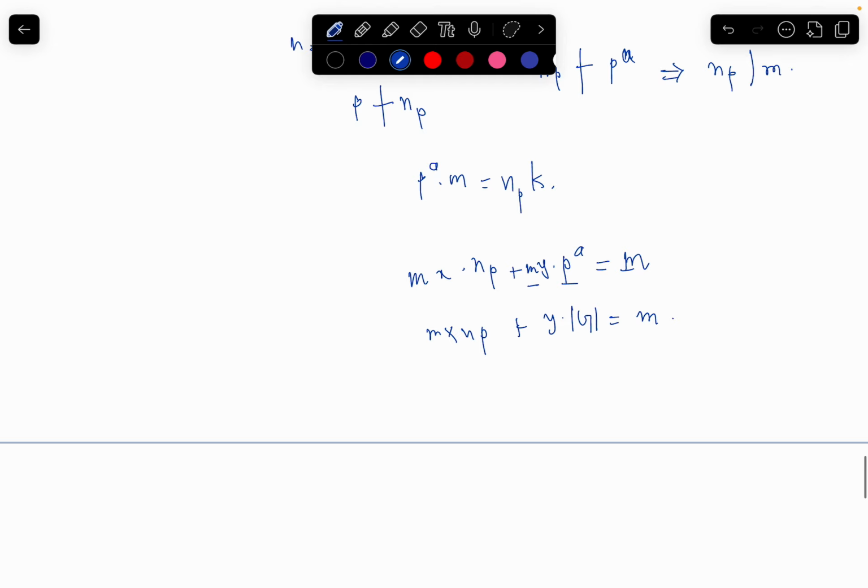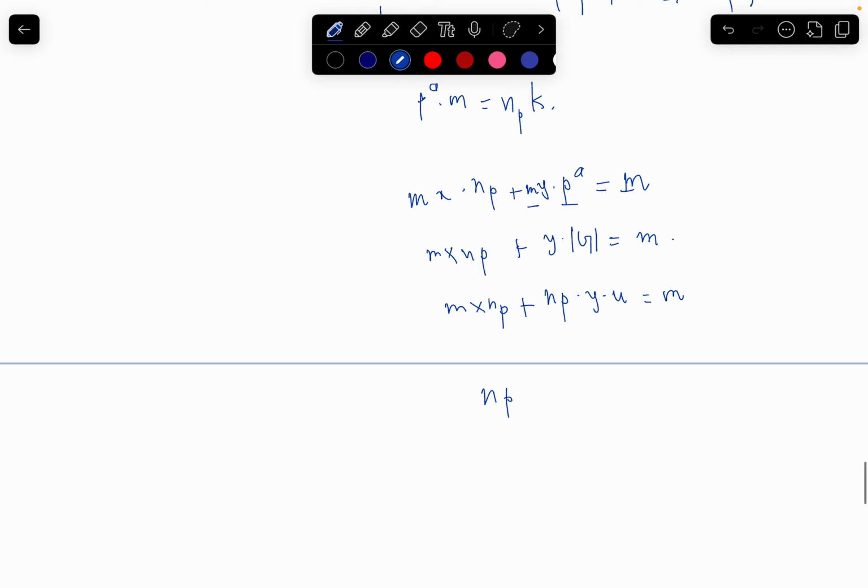But n_p divides the order of G, so again there is n_p times y times some u, which is m, and m x n_p. So you can take out n_p, and then you have m x plus y u is m. So that means n_p divides m.